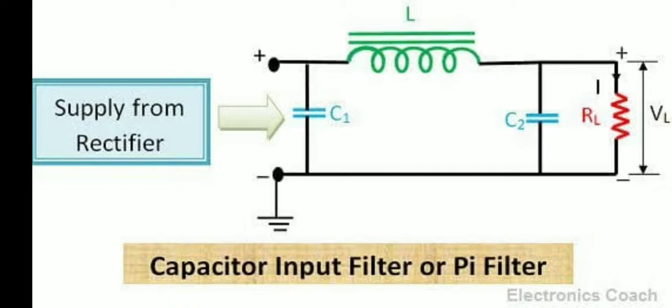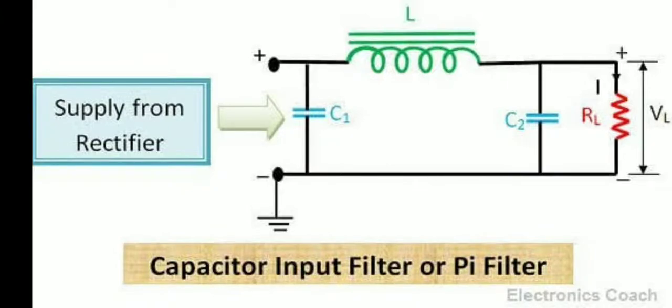The elements used in the circuit are capacitors and one inductor. The importance of a filter is to attain a ripple-free DC voltage.